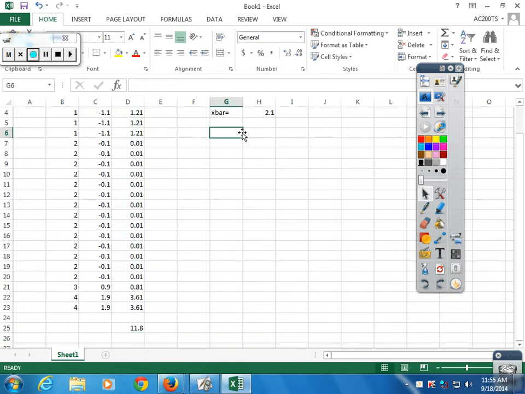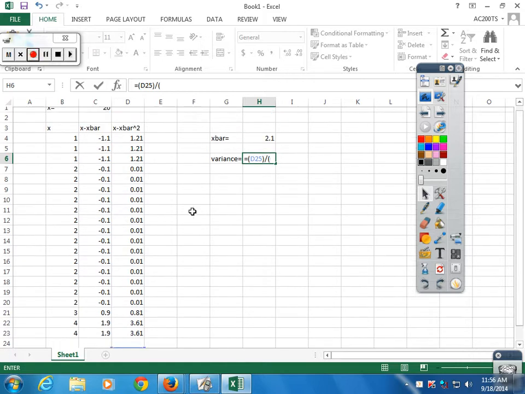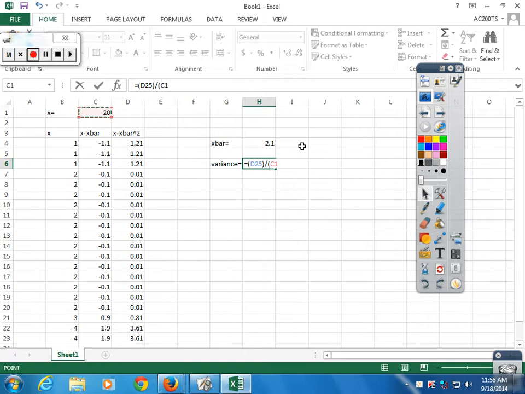So now you just go variance is equal to, let's go with parentheses, and I'm going to take this guy and divide by what? N minus what? 10 minus 1.